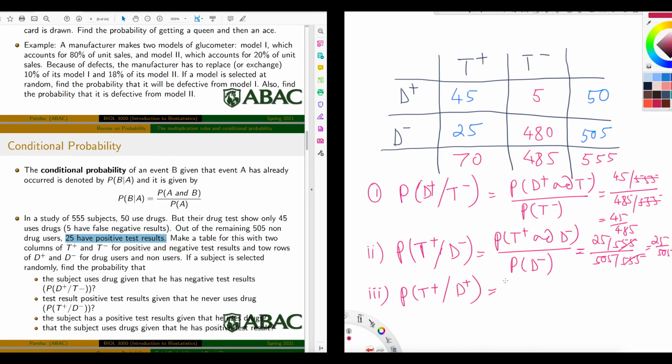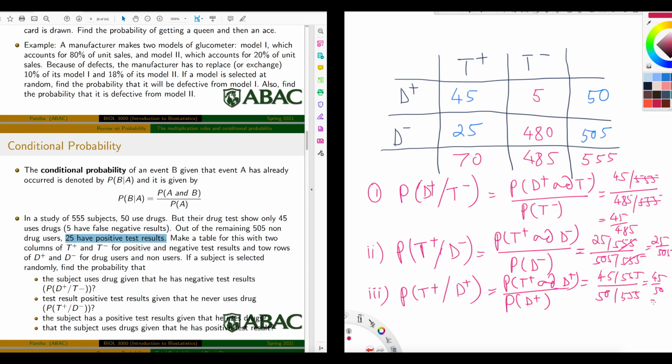Again, do the same formula, probability of T plus and D plus divided by the thing after the slash, which goes in the denominator, probability of D plus. Okay, so what do you get? You get T plus and D plus is 45 over 555 divided by D plus. Probability of D plus is 50, right? 50 over 555. If you do that, you will get 45 over 50.